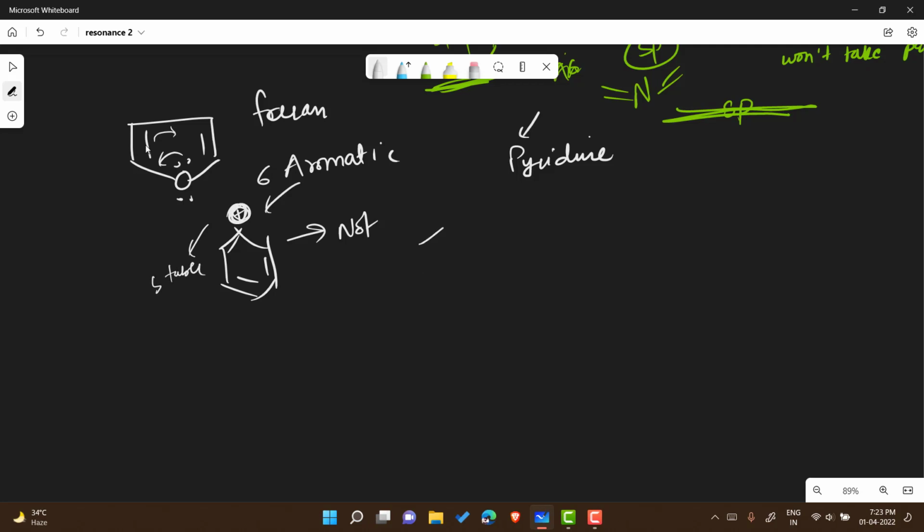But on the other hand, if we have such a thing, then it's not that easy to react, because this positive charge is a bit more stable due to resonance. Okay, so this is resonance stabilized, but this is not. Write it down if you want to in your notes.